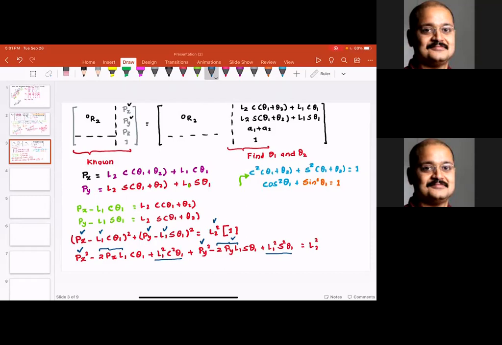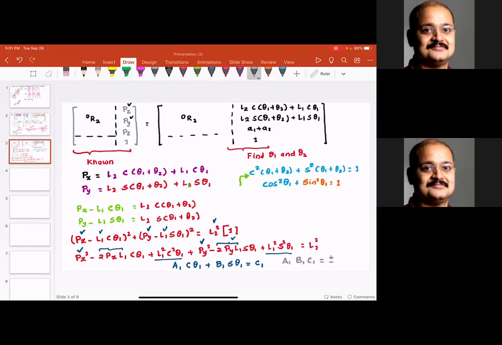It is going to look like a constant a1 cosine theta 1 plus another constant b1 sine theta 1 is equal to another constant c1, where a1, b1, c1 are constants.